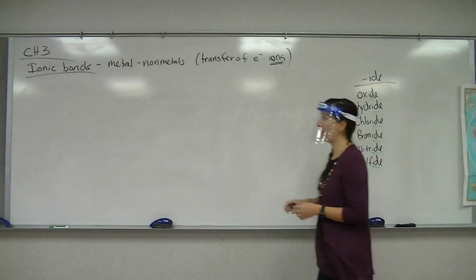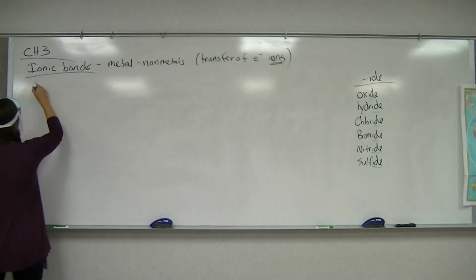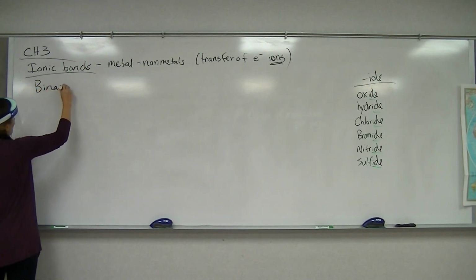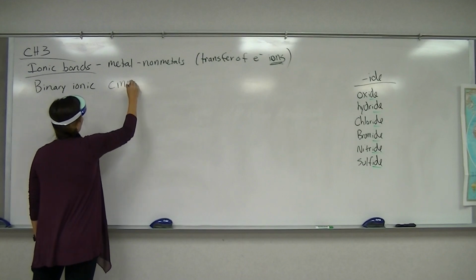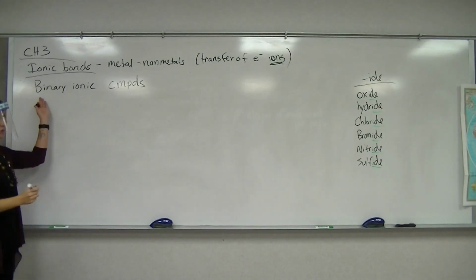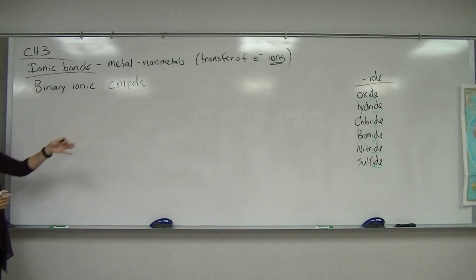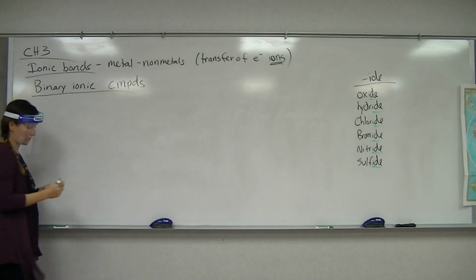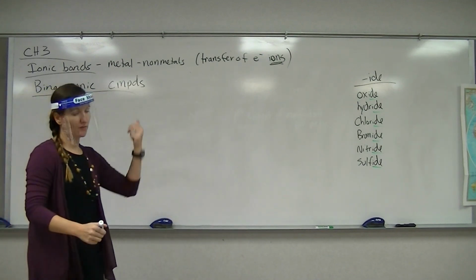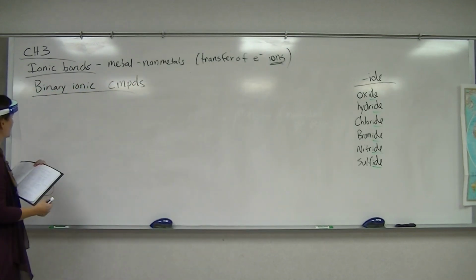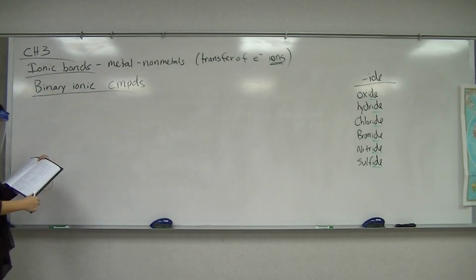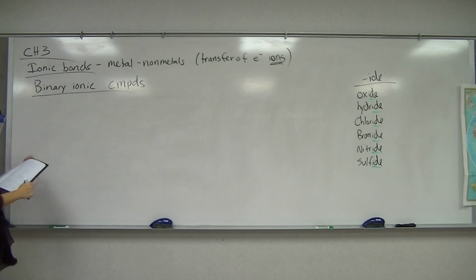We're going to look at binary ionic compounds. So when I say binary, 2 elements involved. Then we'll increase our spectrum and look at the polyatomics, and then we'll even bring in the transition metals. But let's start here. So binary ionic compounds, meaning 2 elements present. That's what the bi means.